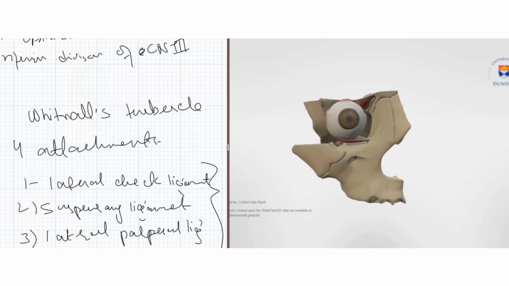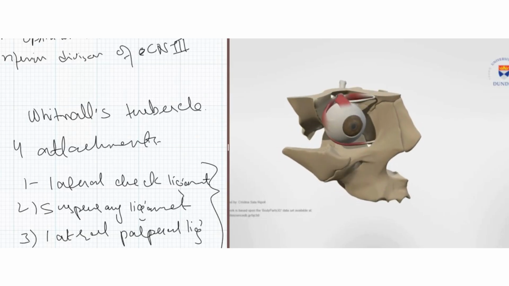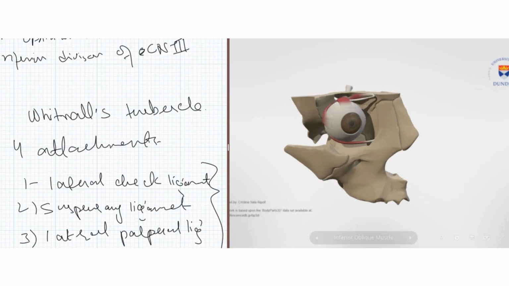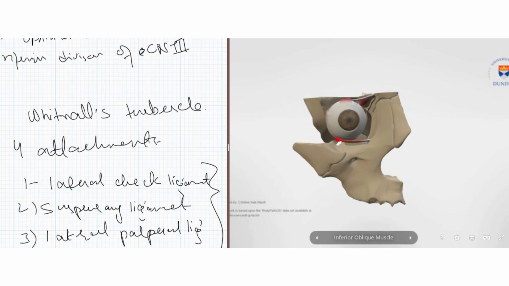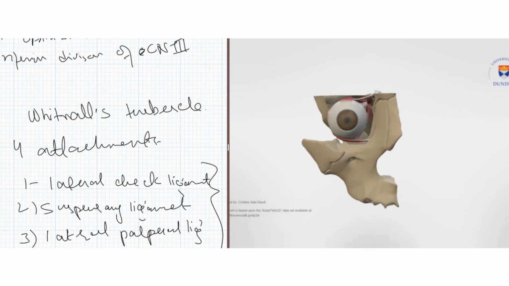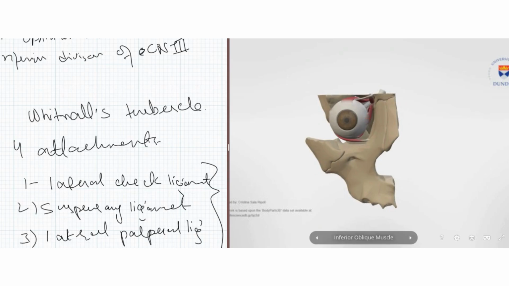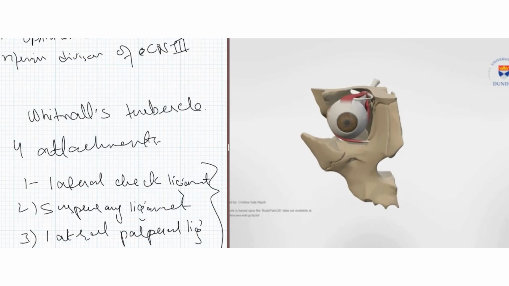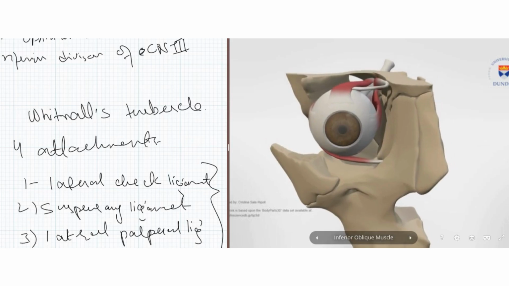As you can see in this 3D model, this right here is the superior rectus muscle. This is the lateral rectus muscle. This is the inferior oblique muscle, the medial rectus muscle, and this right over here is the pulley, and this is the superior oblique muscle.